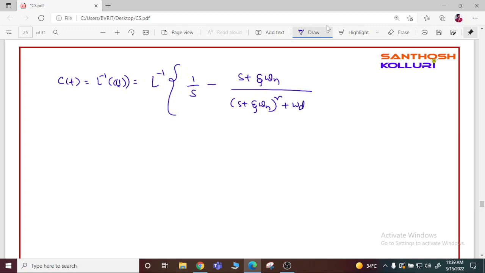plus omega d square, minus zeta omega n divided by omega d, into omega d divided by (s plus zeta omega n) whole square plus omega d square. For this I have to apply the inverse Laplace transform.